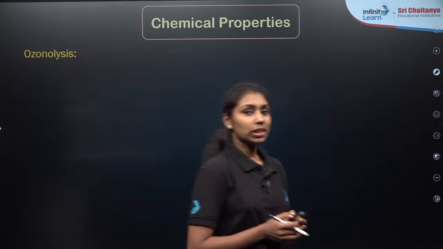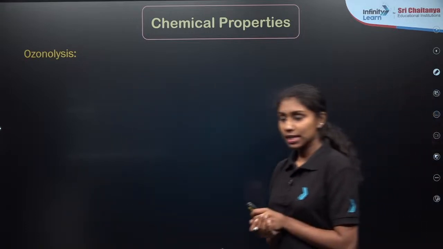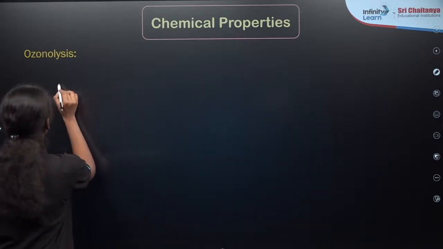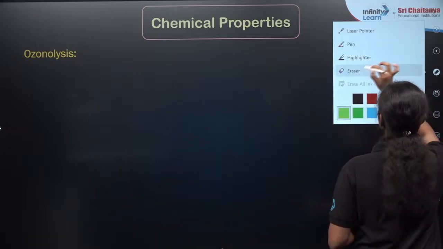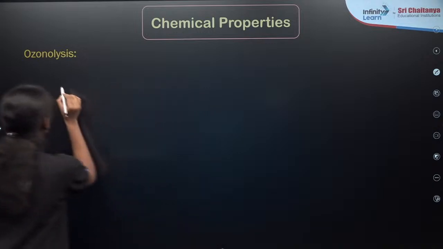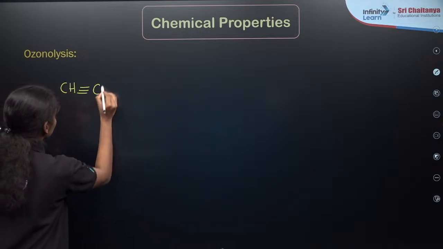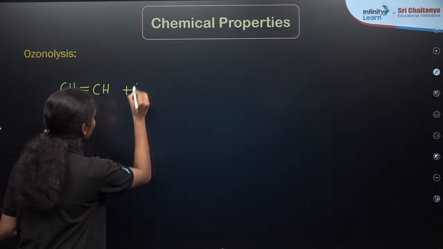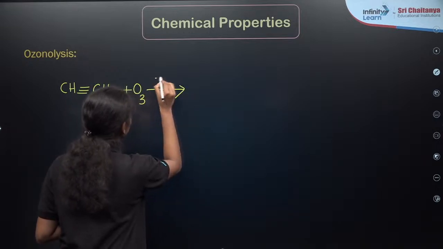Now let us talk about the next type of reaction, that is the ozonolysis of the alkynes. As we already saw in the case of alkenes, ozonolysis is a reaction with ozone, right? Okay, this is our compound ethyne. So I am adding ozone molecule in presence of zinc in water.